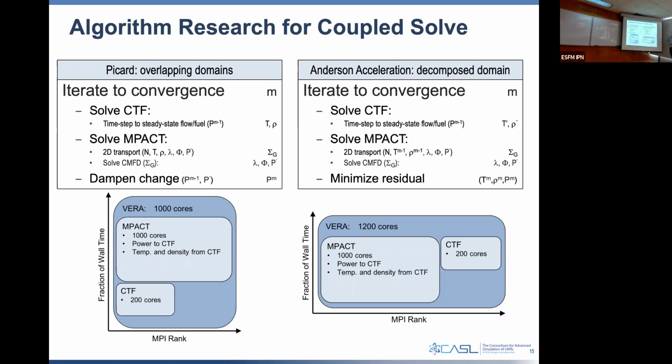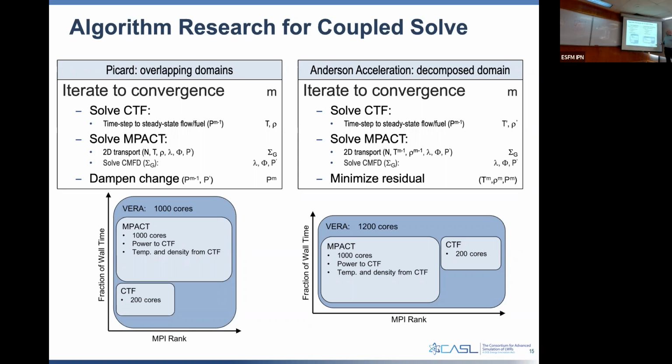So if you have some way of guessing an approximate error and you have multiple solutions from multiple iterations, how can I put those solutions together to minimize what should be the error? And so you do the exact same process. You solve CTF, you solve Impact, and then you say, okay, now let me hand this to a math tool and say, based on the information I have, what are the power and temperatures that would minimize that error?